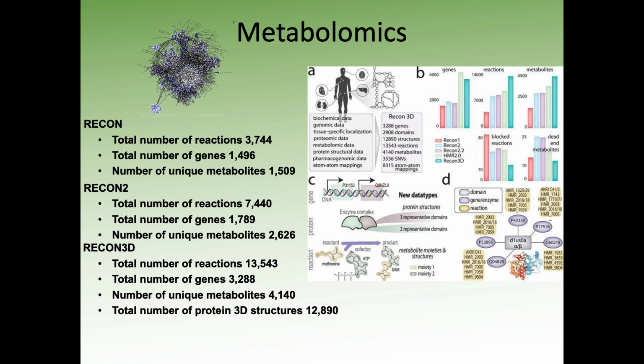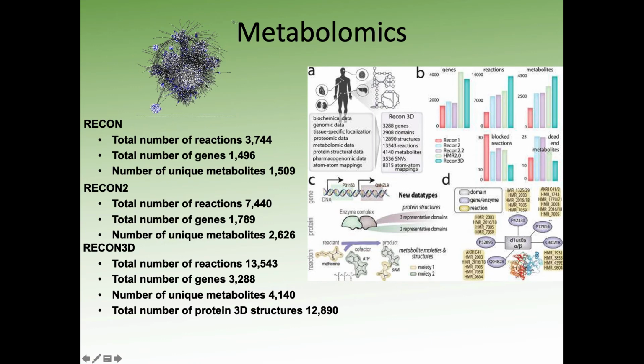But they are trying their best to not only include the number of reactions and the number of unique metabolites, but also to look at the role that three-dimensional structure, and thus things like enzyme kinetics, can have on the process of these data. And so there's a lot of information that can go into them.